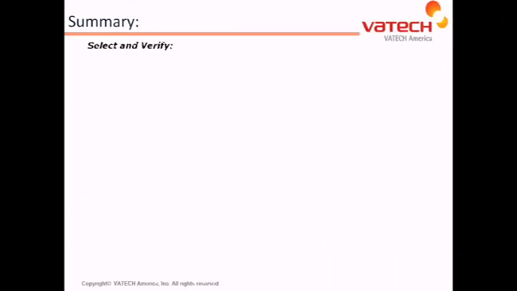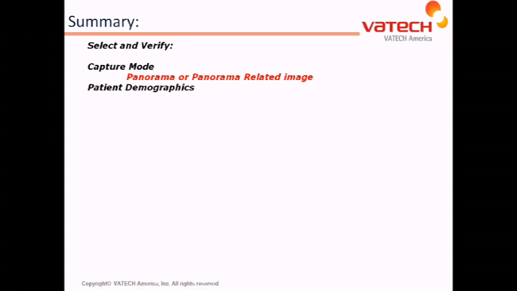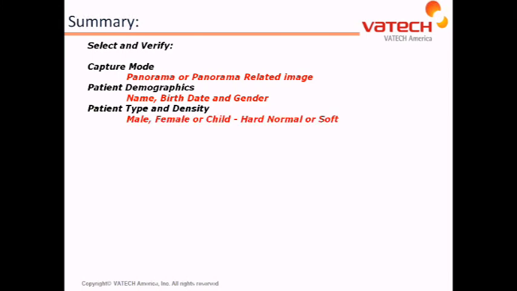In summary, we want to make sure to select and verify the following: our capture mode between Panorama or Panorama related image, our patient demographics including name, birth date, and gender, select and verify our patient type and density for our exposure between male, female, or child, as well as density of hard, normal, or soft. Select our image quality between normal, HD, or UHD.